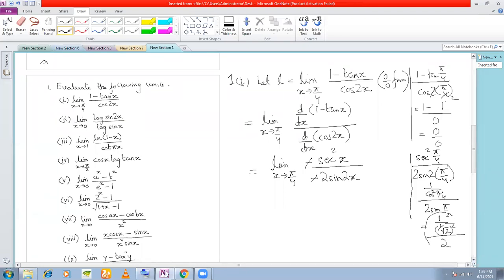So clearly, we are getting a determinate form, so we simply put the value: sec square pi by 4 divided by 2 sine twice pi by 4. You will get this as 1 by root 2 if you calculate.